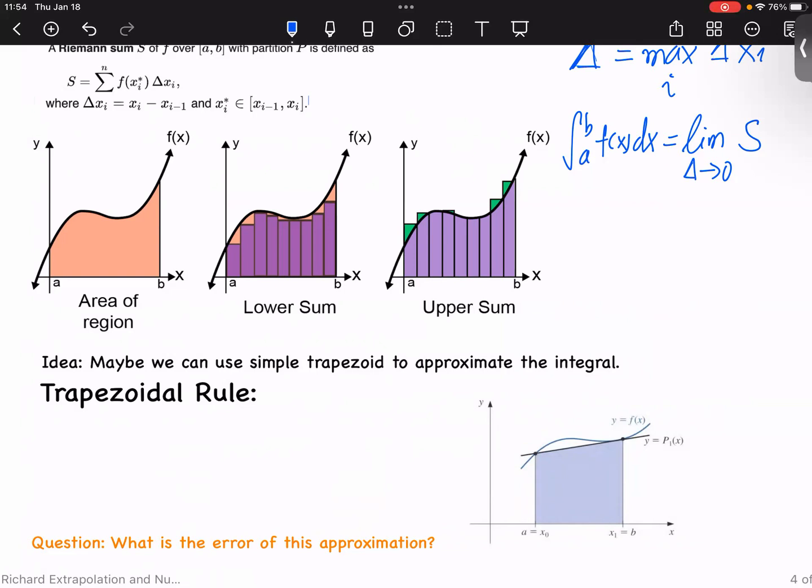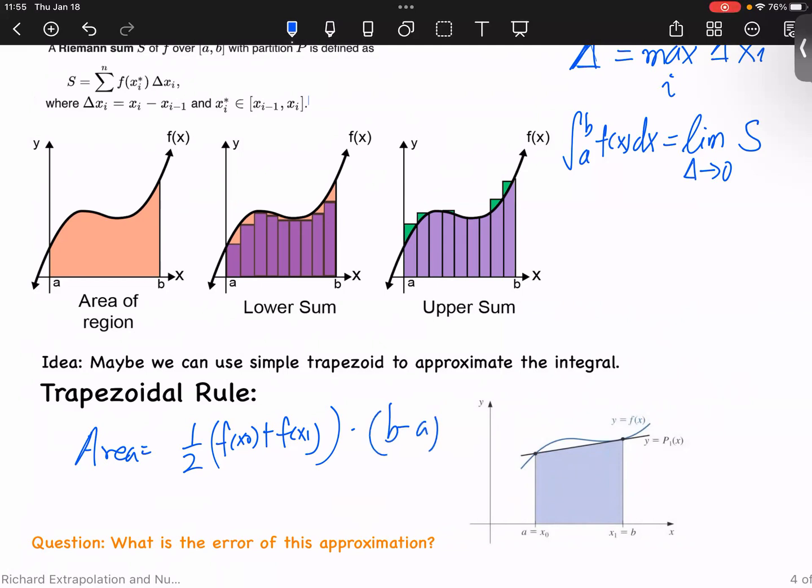And so here, if we calculate the trapezoid area, it should be the sum of the sides f(x0) and f(x1), then times 1/2, and then times the length of this side here, that is b minus a.